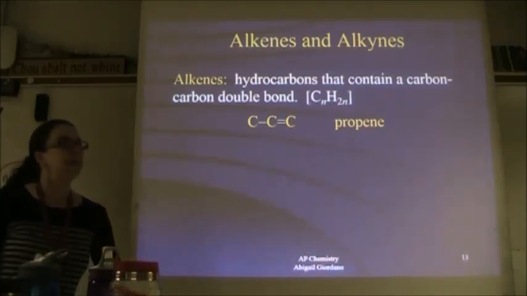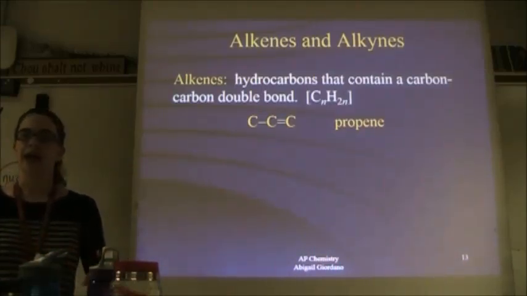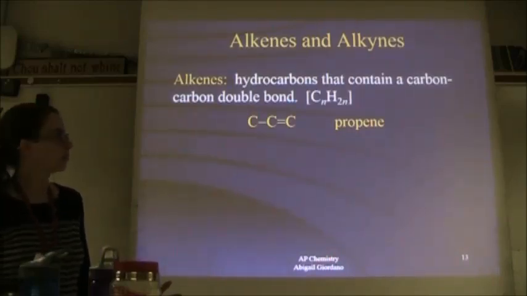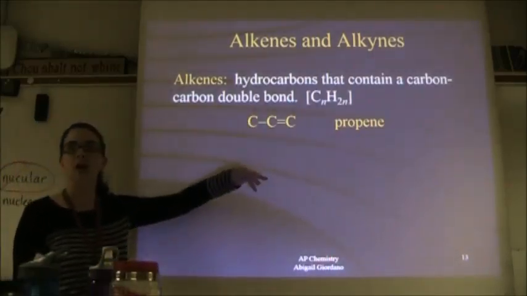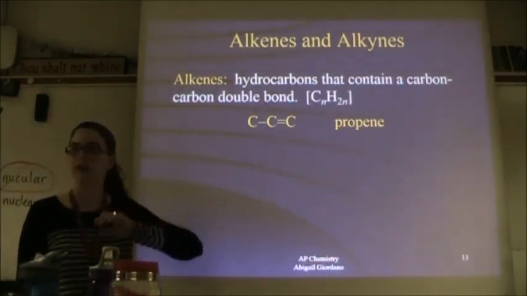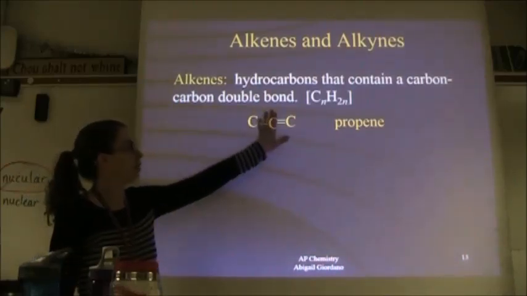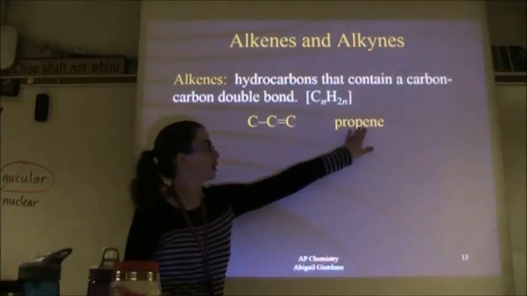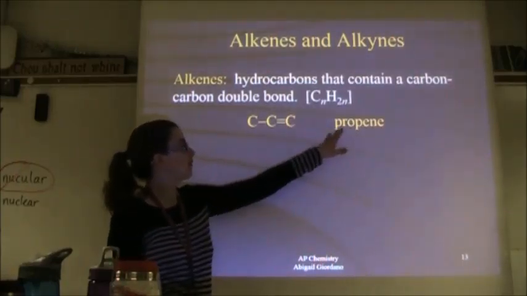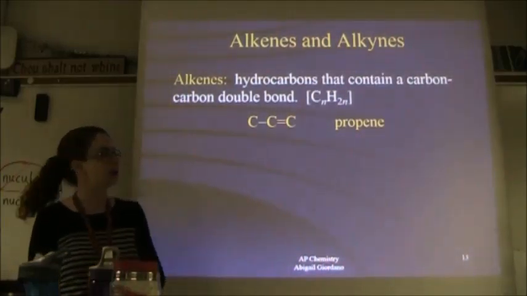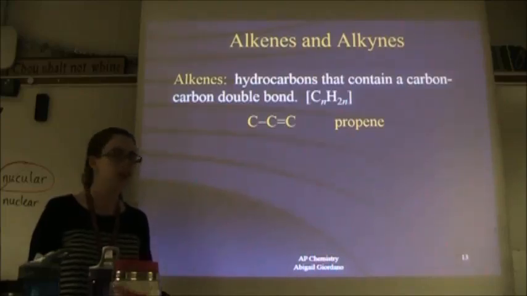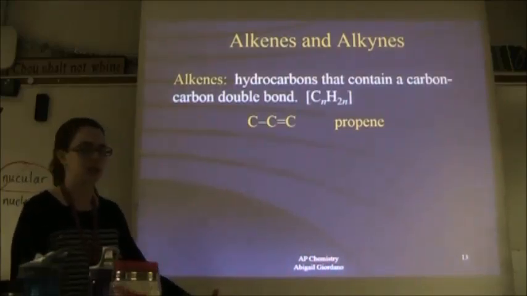But that's not going to change a lot in our naming scheme. You still count the number of carbons in your longest chain. 3 carbons, meth, eth, prop. So it still gets that prop prefix, but it's not all single bonds, so it's not propane, it's propene.